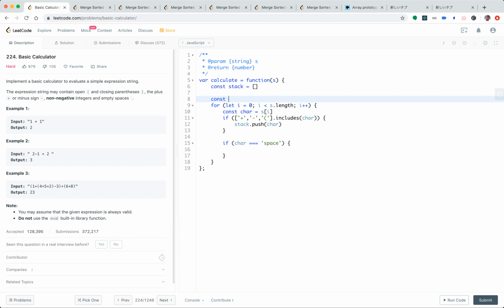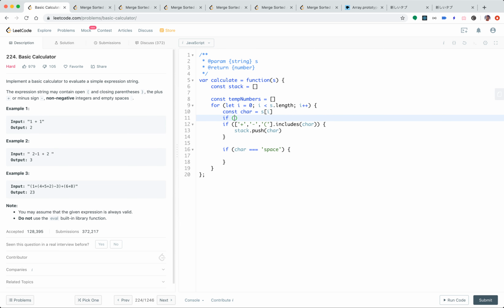const. We need an array to collect the numbers, so temp numbers equals an empty array. If character is bigger than or equal to 0, it might be 0, right?